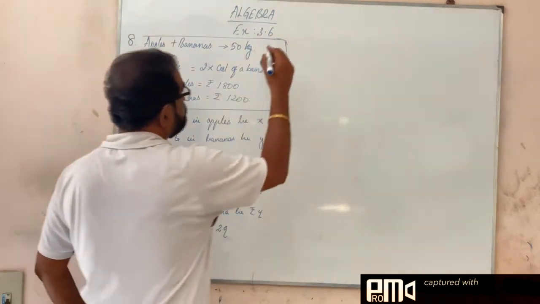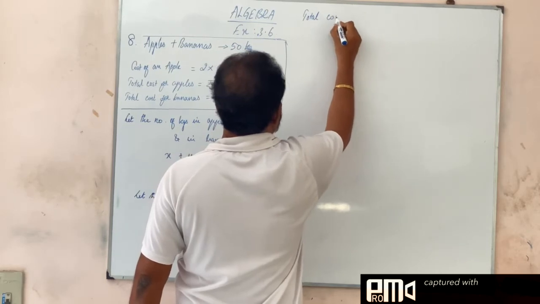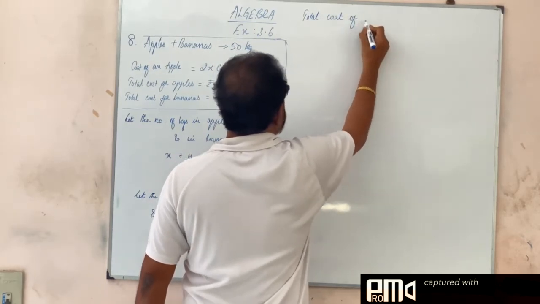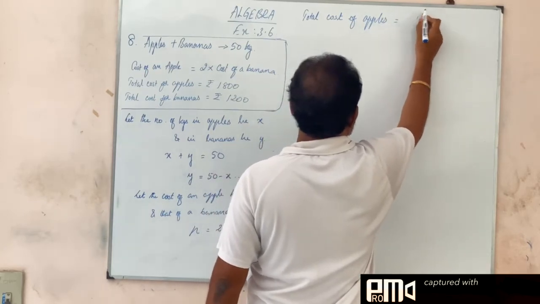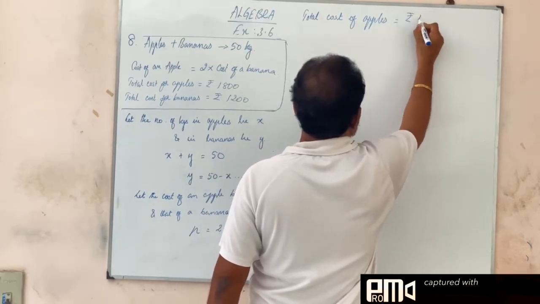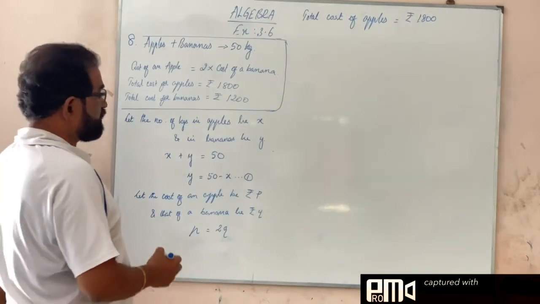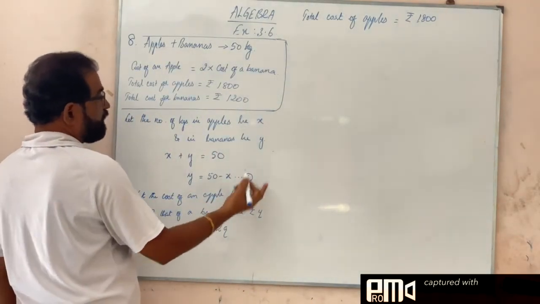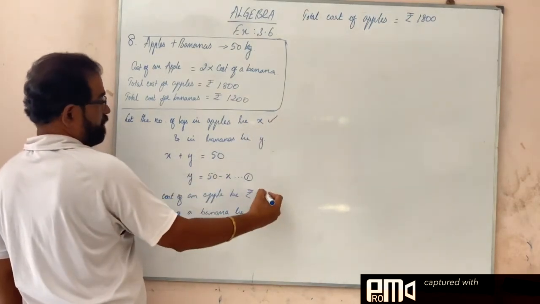So I write here: total cost of apples is equal to 1800, she paid 1800. As per our assumption, the total cost is p into x. Apples, how many kgs? x kgs. Cost of one apple p.